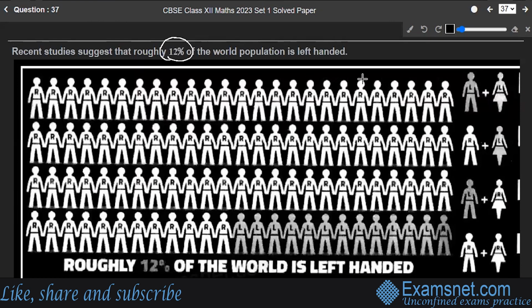For the father and mother, right-handed and left-handed, the probability of having right-hand kids is shown. So roughly 12% of the world population is left-handed.